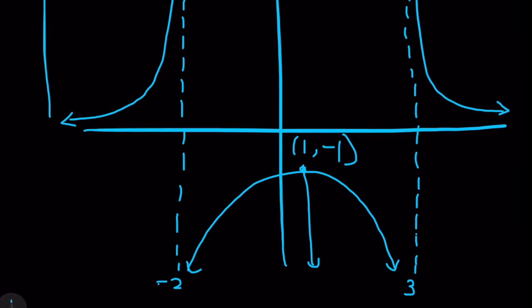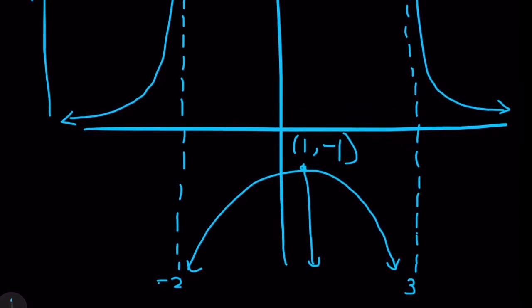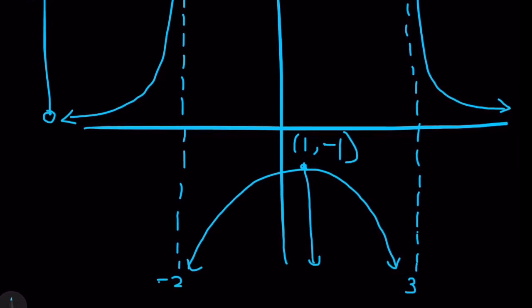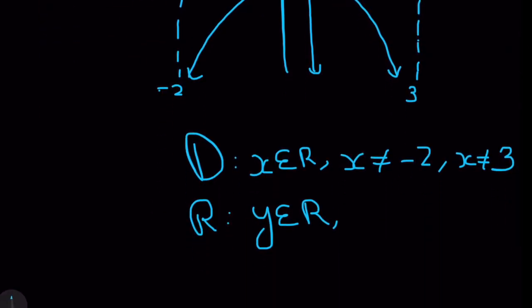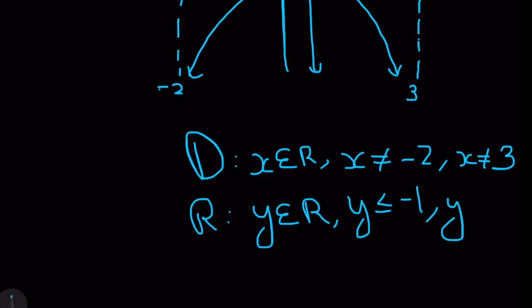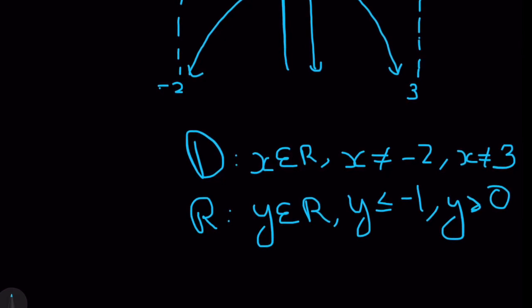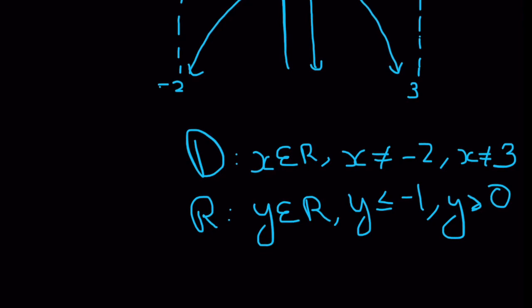It doesn't include the point 0, so it's like an open circle over there. So how will we write this? We will write the range as y is all real numbers, y is less than or equal to minus 1, and y is greater than 0, because the point 0 is not included in the range. So that's if you get a graph to find domain and range.